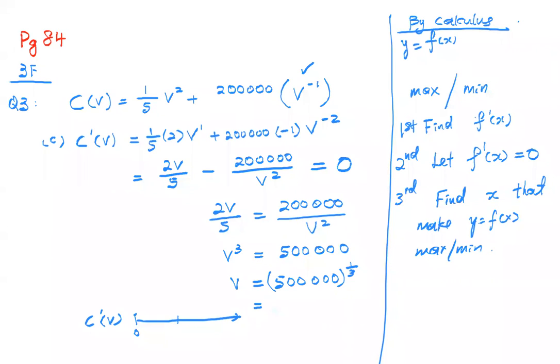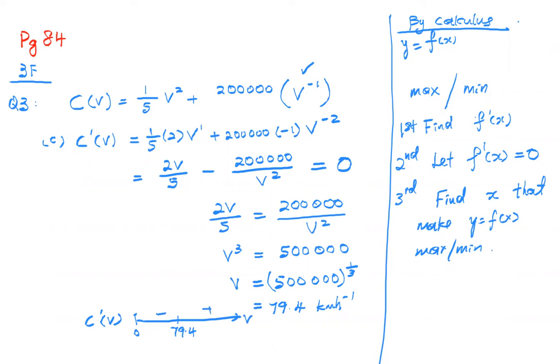Okay, 79.4. So now you are done. What is the unit of the velocity? Kilometer per hour. You want a minimum cost. Negative, positive, done.